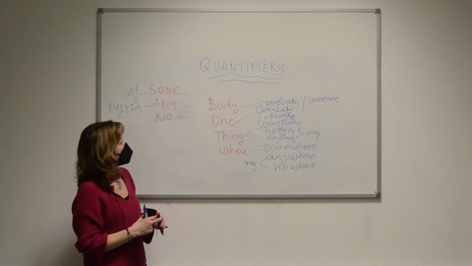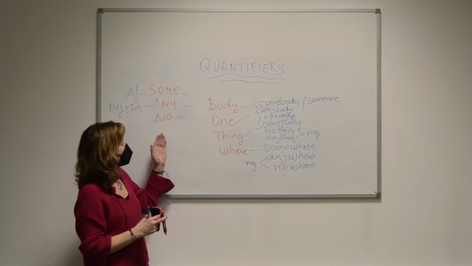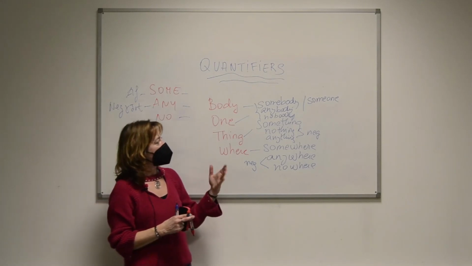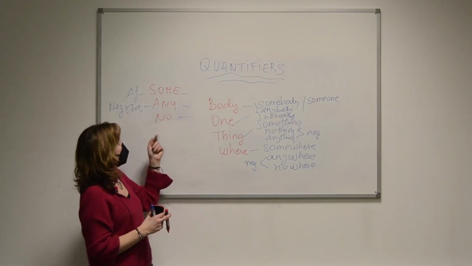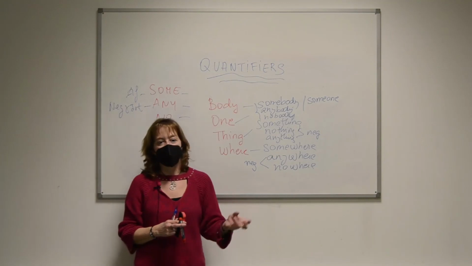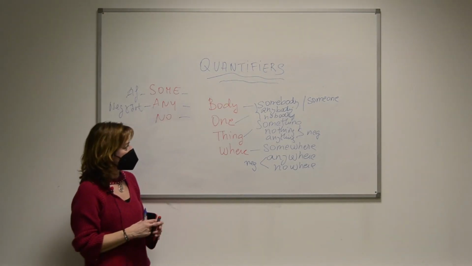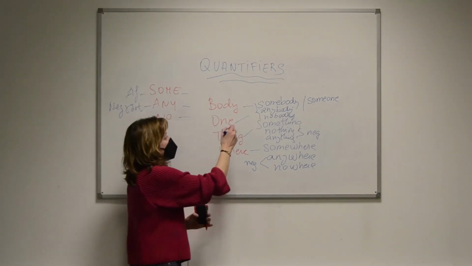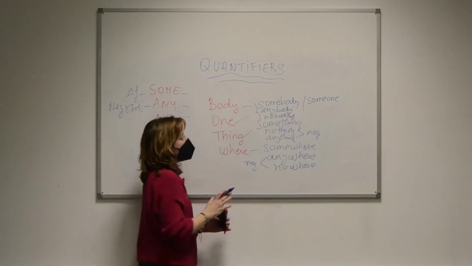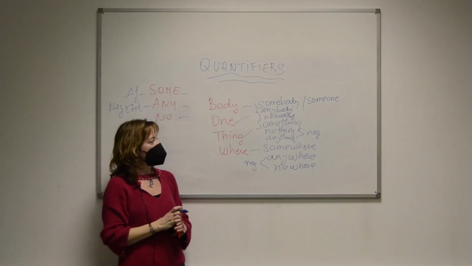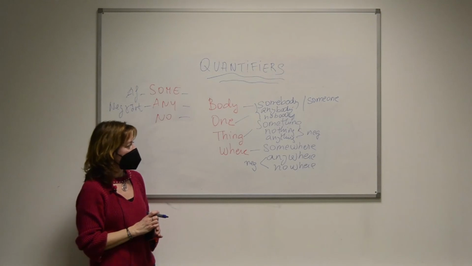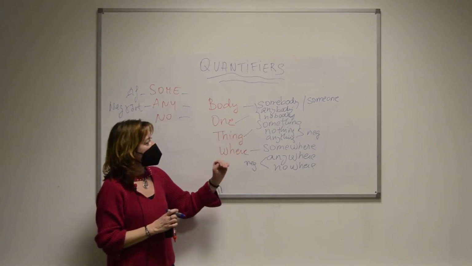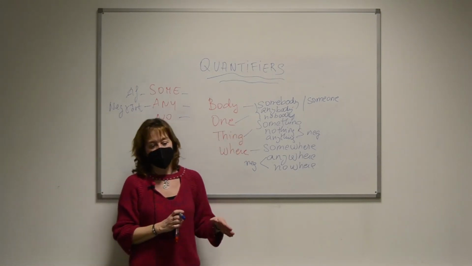Okay? These are very common in English, and they function as some, any, and no do in negative, interrogative, or affirmative sentences. Okay. Somebody and someone mean the same. Anybody and nobody mean the same with a negative meaning.